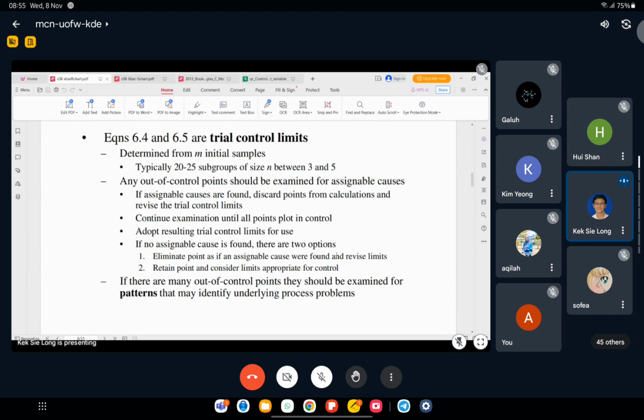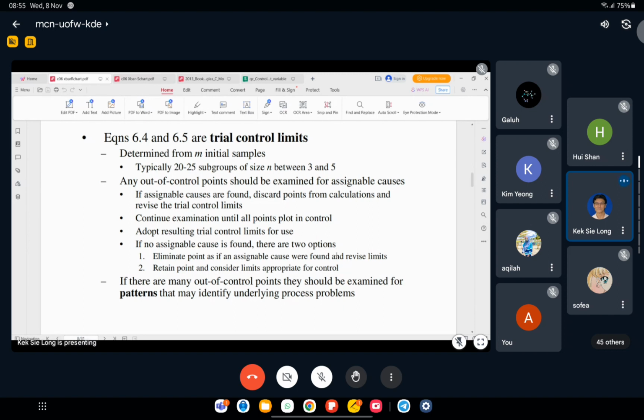I'm talking about the first option. Then how about the second option? Retain the point and consider the limit appropriate for control. We don't want to remove 10.3. But for 10.3, the outlier, we find out the reason why we have this outlier in our sample.